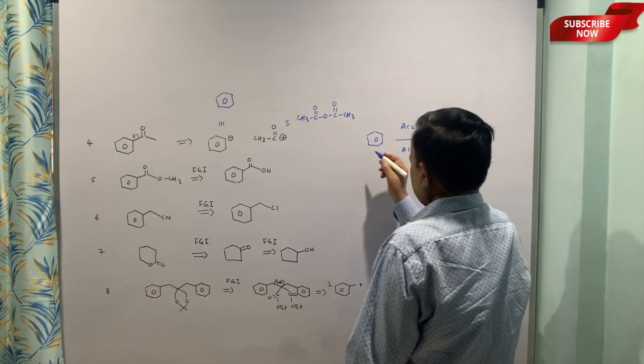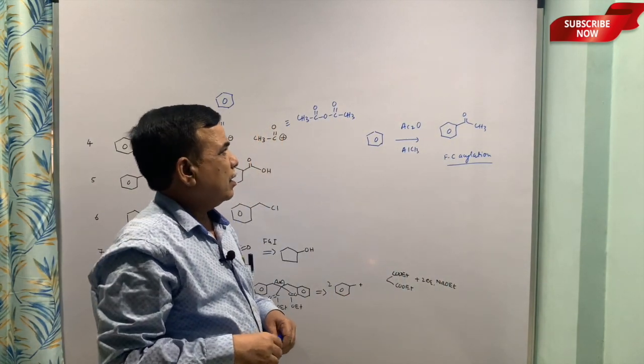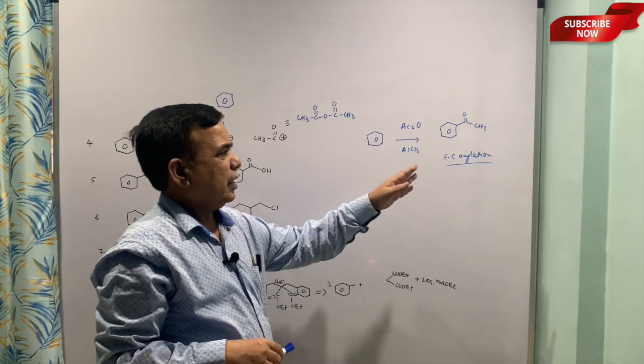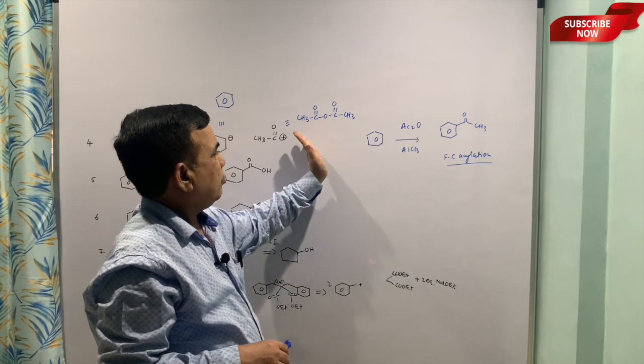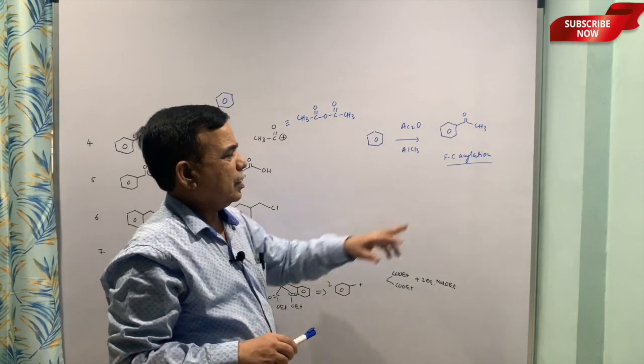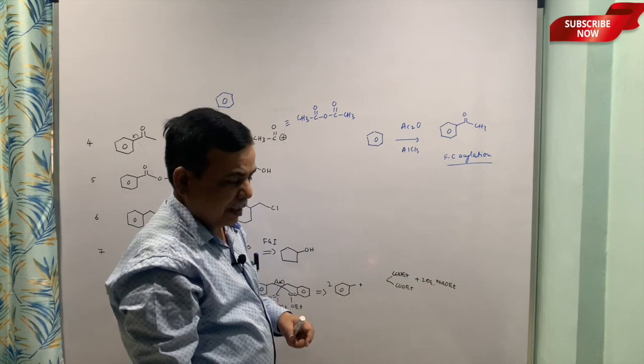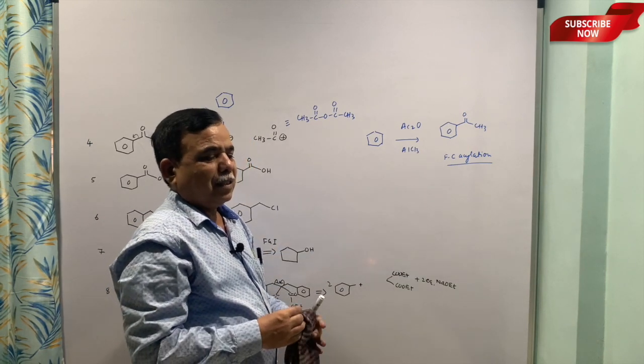Now, since it is an unsubstituted substrate, there is no question of orientation. So, we get this. Now, the beauty of this reaction is no polyacylation is feasible because this is an electron withdrawing group. So, no second acyl group can be introduced to this readily.